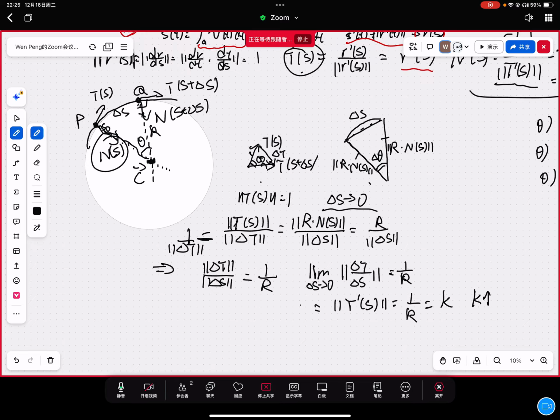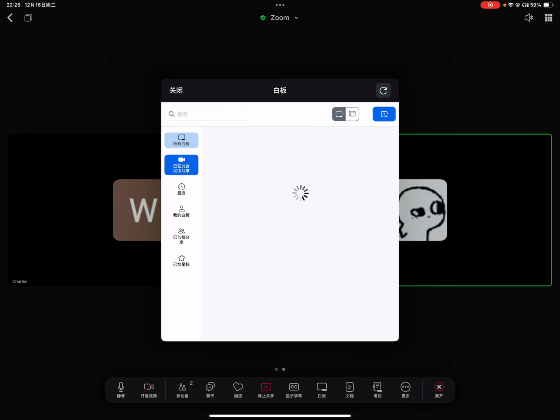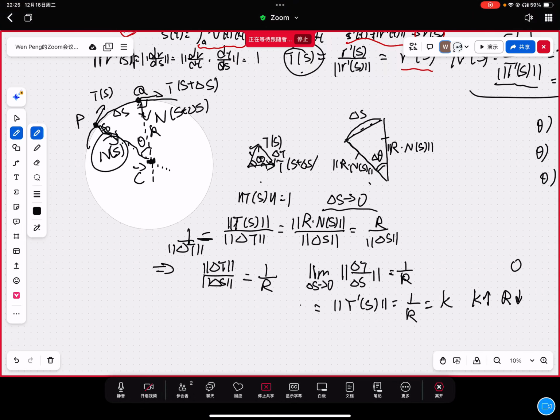Because if k gets bigger, that means r becomes smaller. When k gets bigger, you can clearly see r gets smaller and it turns sharper and sharper. So therefore, we explain where the k, the curvature, comes from, rather than just defining it as the magnitude of t prime of s.